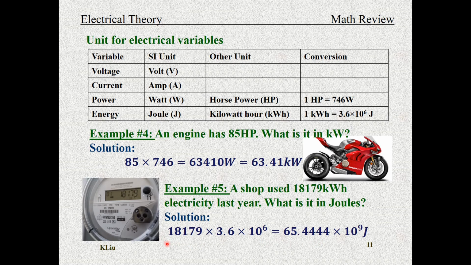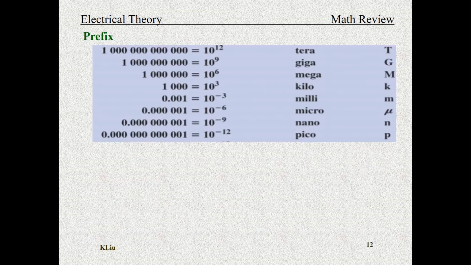From the two examples here, we can see we need appropriate prefixes to present the values effectively. Here are the common prefixes used in electrical field. You already learned them from the theory lecture.